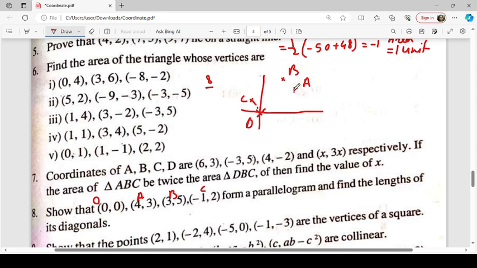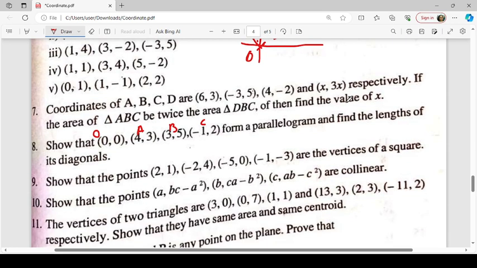So we need to prove BA equal to OC and OA is equal to BC, and find the lengths of the diagonals. So diagonals are AC and OB. The distance between A and C will be one diagonal. The distance between O and B will be the other diagonal.